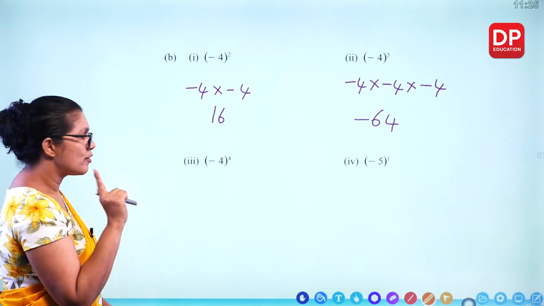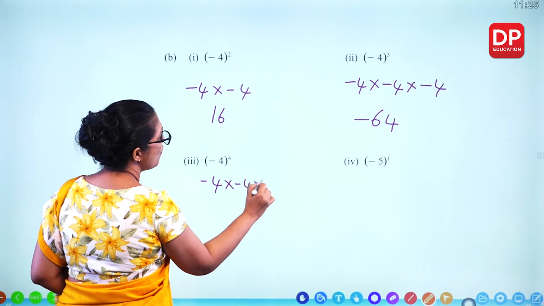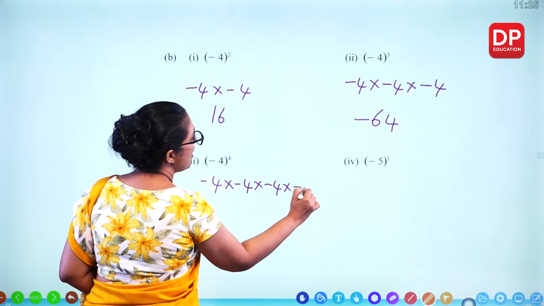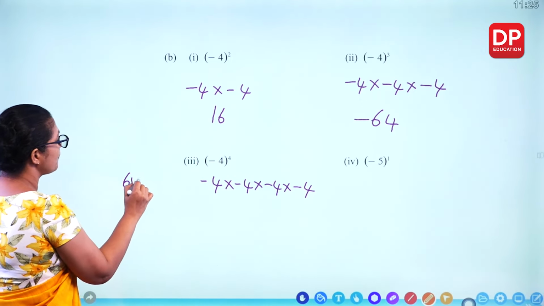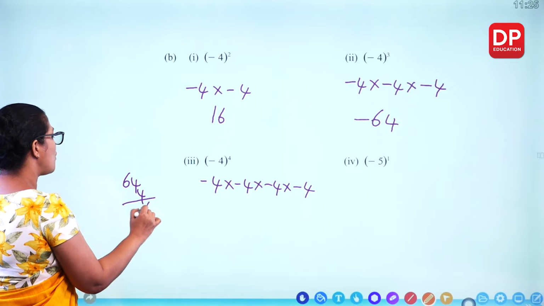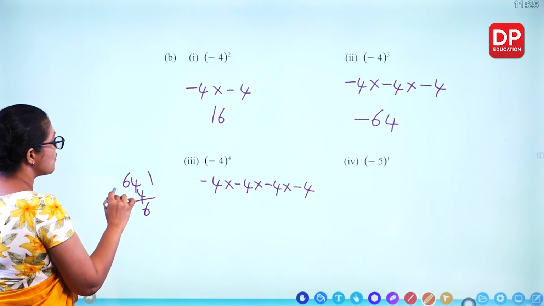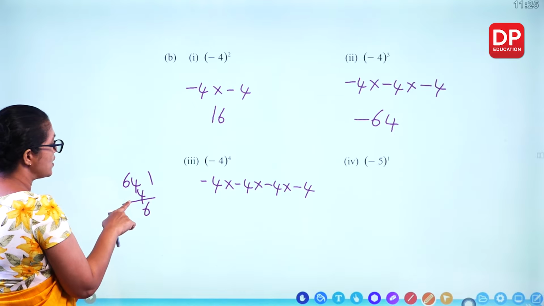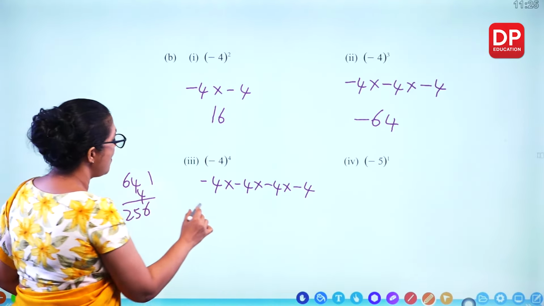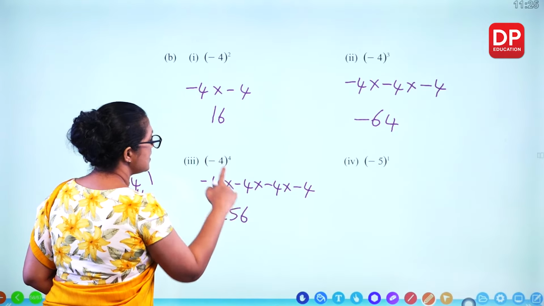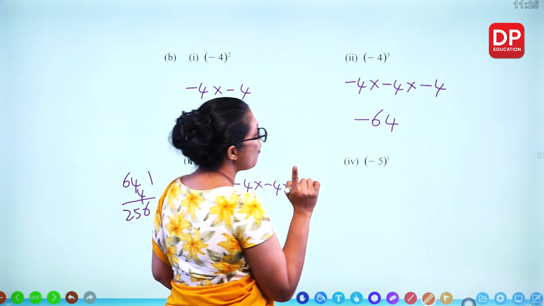Even power now. You get a positive answer. So minus 4 times minus 4 and minus 4. That means 64 times 4. What's 64 times 4? 4 times 4, 16, 6 times 4, 24 plus 1, 25. So 256, this is positive.